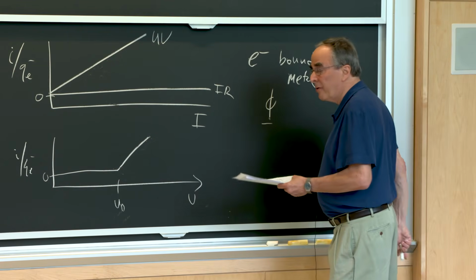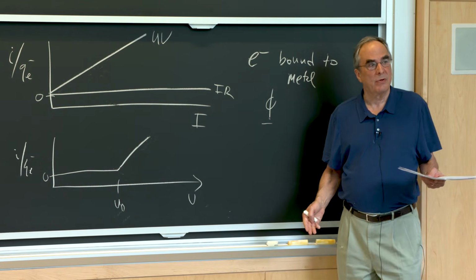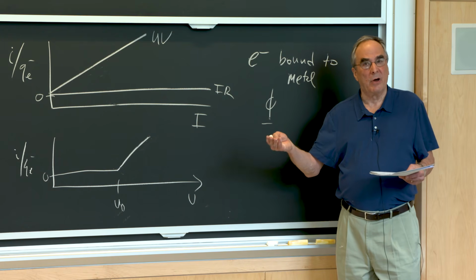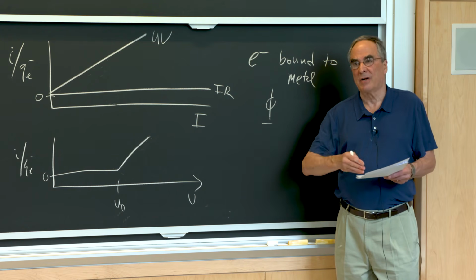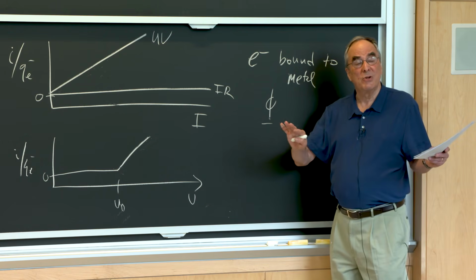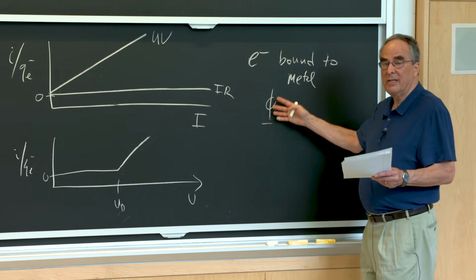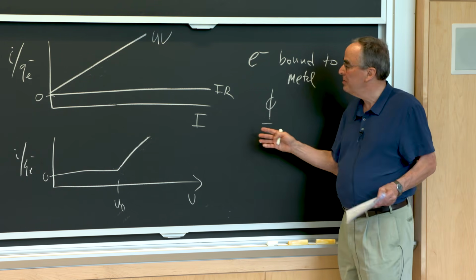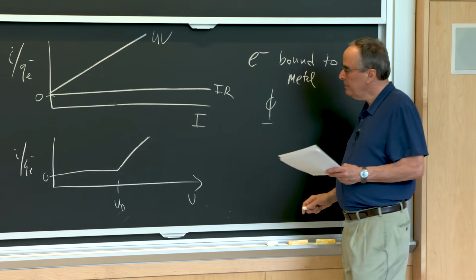Work functions for metals range from a little over 1 electron volt to around 5 electron volts. All metals are within a relatively narrow range of work functions.